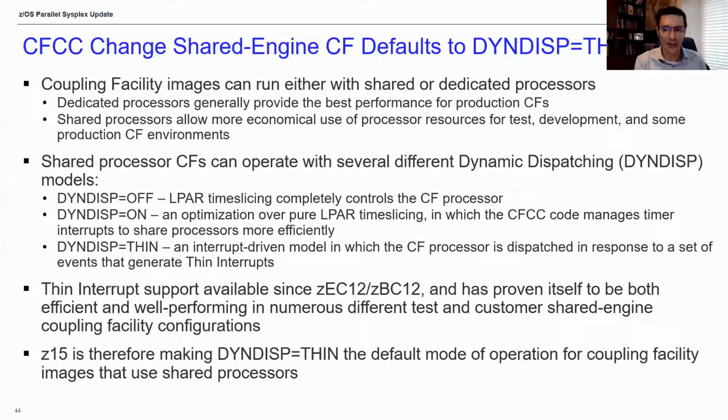You drive it with an interrupt, the CF will receive control, it will process the work, and will then relinquish control, waiting for the next time that an interrupt comes in and PR/SM receives control again. Because this has been proven to be a very effective way and well-performing in many environments, this is now the default behavior when I'm running shared processors. And so on the z15, the default has been changed now to using thin interrupts as the default action.